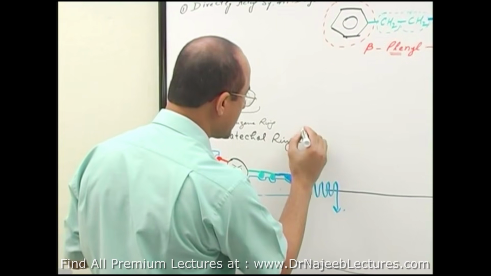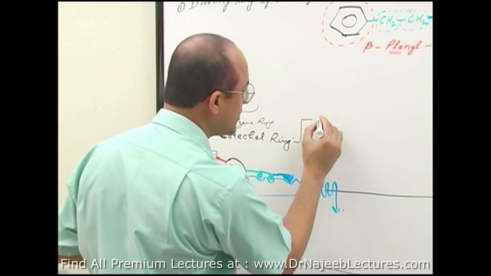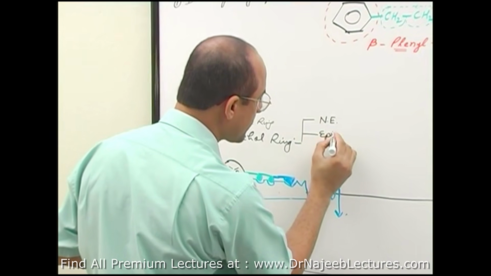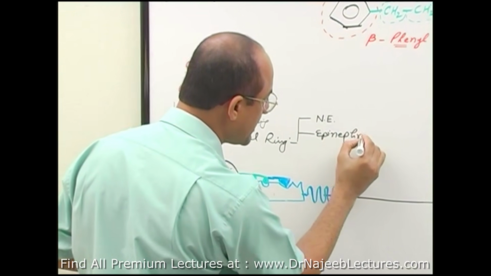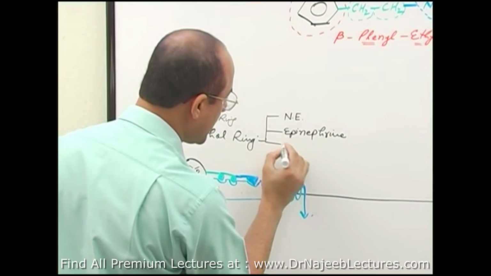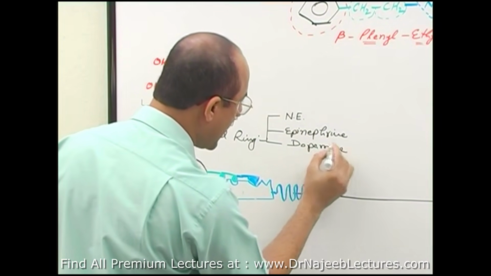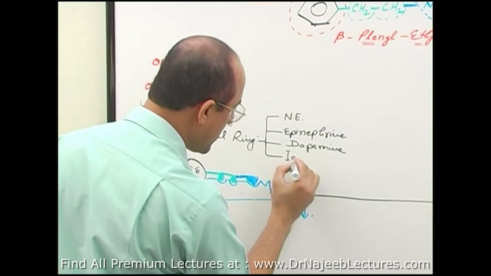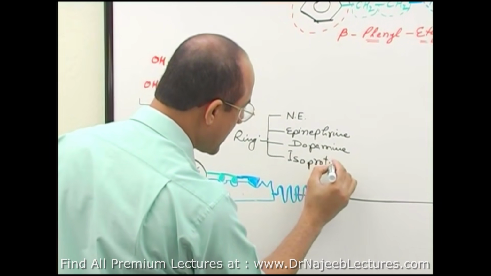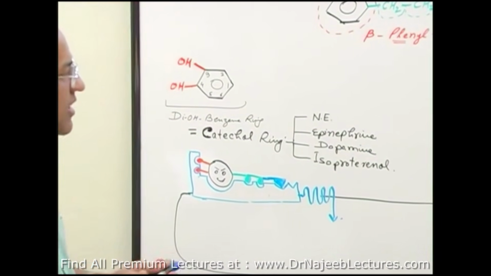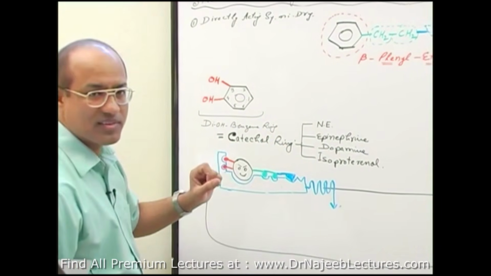Who will tell me the members of catecholamines? Norepinephrine, epinephrine, yes, dopamine, and isoproterenol. Now look, these 4 are catecholamines.